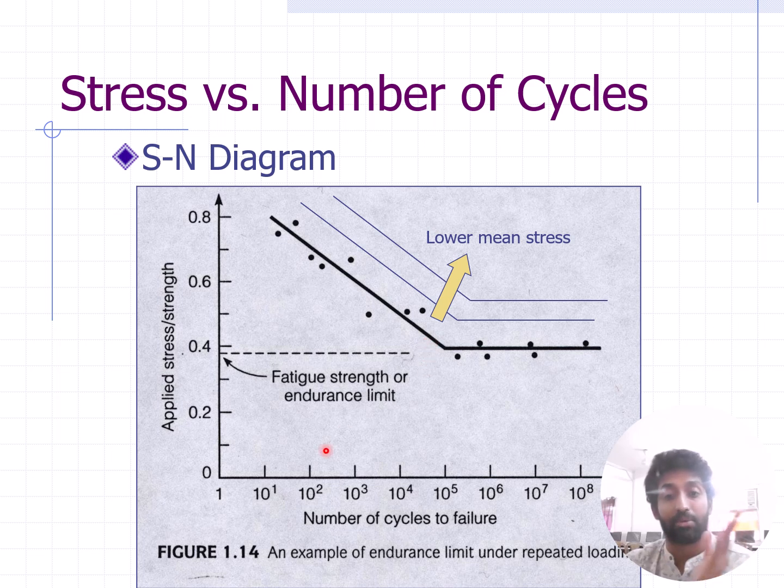That means the number of cycles starts from 100 and ends at near between 10 to the power 4 and 10 to the power 5. So it breaks over there. So you will understand that the stress is lower before 10 to the power 5 and higher at 10 to the power 1. As you increase the number of cycles, the stress goes down. If the number of cycles is lower, the stress is higher.